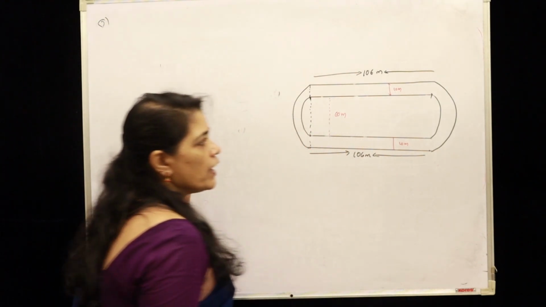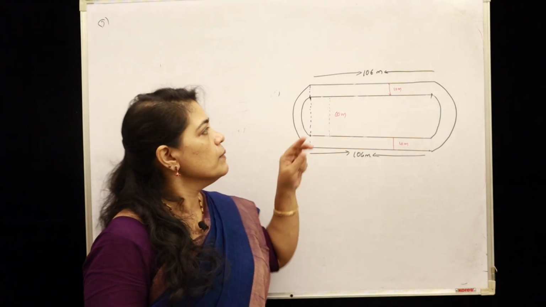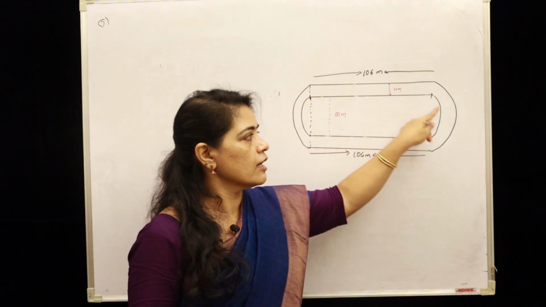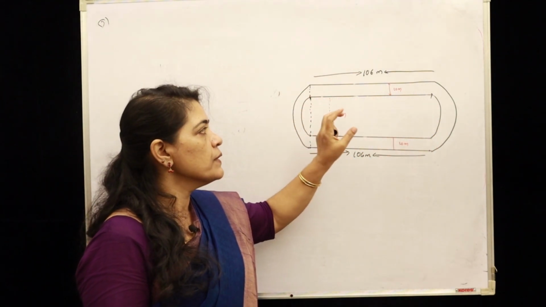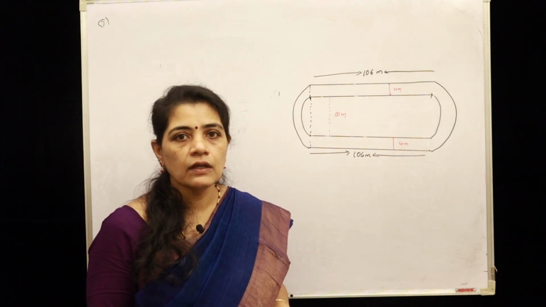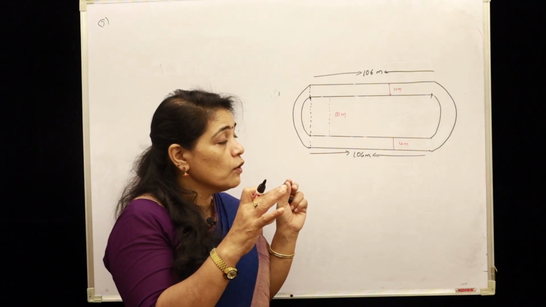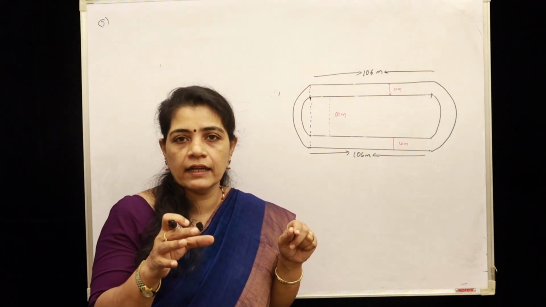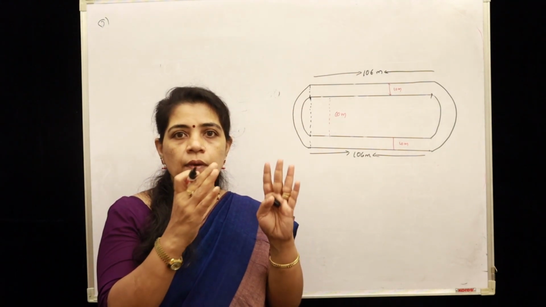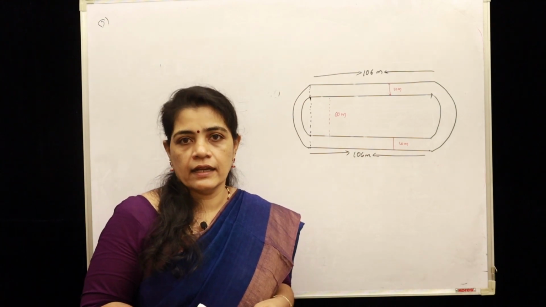In order to find the area of the track, this is the area we have to carpet with grass. We don't have a single shape for this track, so we are taking it part by part, and by adding you will get the total area of the track.